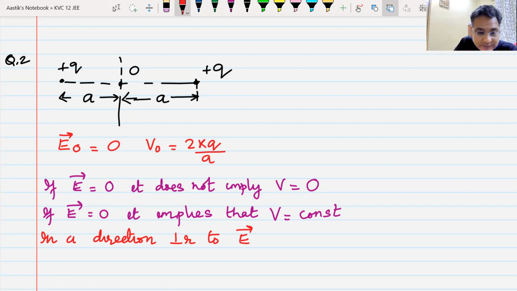In a direction which is perpendicular to electric field, potential is constant, sir. Well done. Once you start understanding things in your own way, you will remember this. In a direction perpendicular to electric field, potential will remain constant. It cannot change. Potential cannot change in a direction which is perpendicular to your electric field. Nothing can change it.